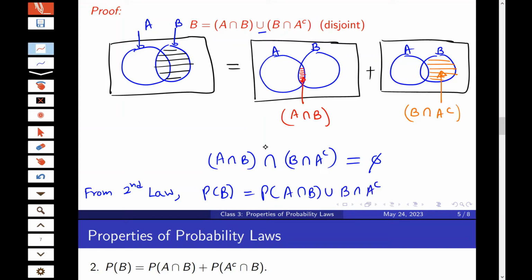So I will use a different color for this bracket, and this bracket as well. These are the two events and union.